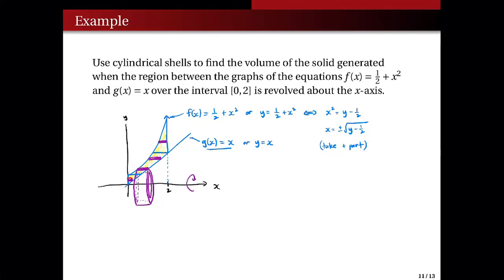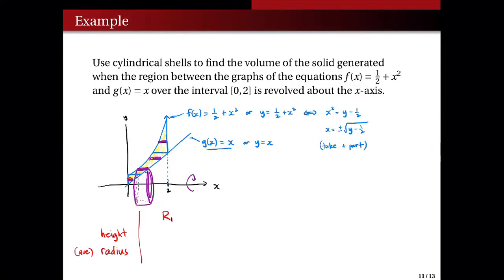So we need the height. We also need the radius, or the average radius.